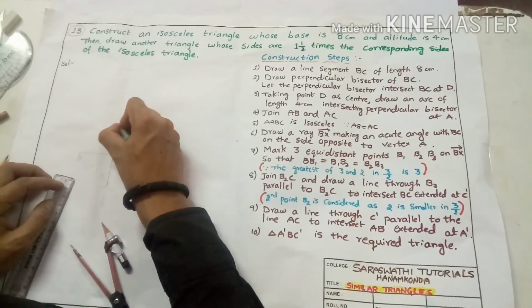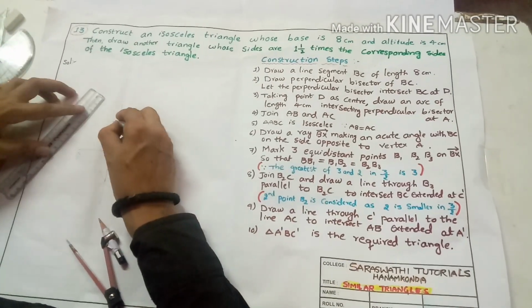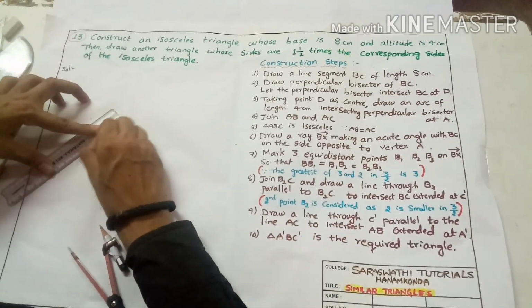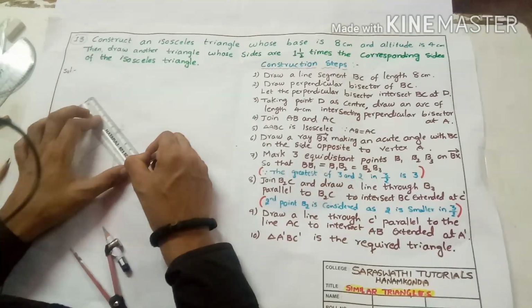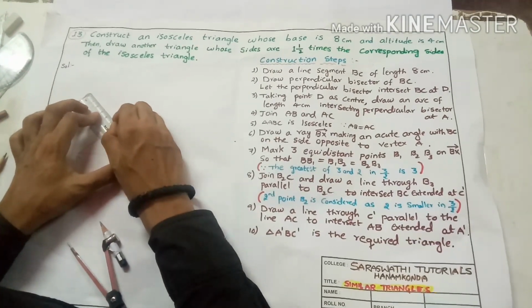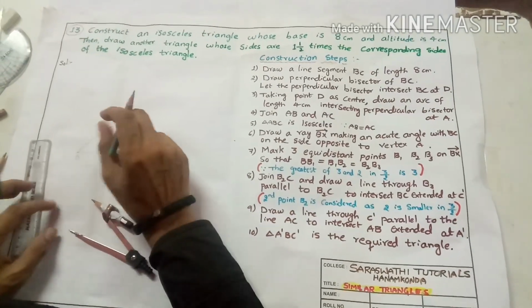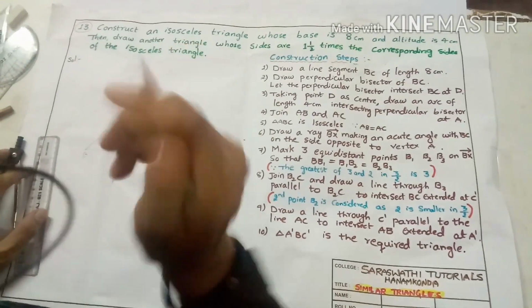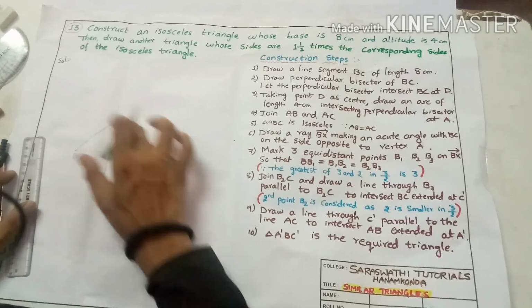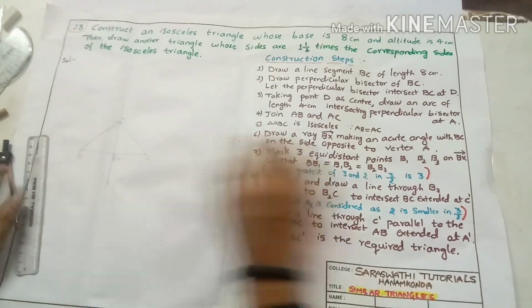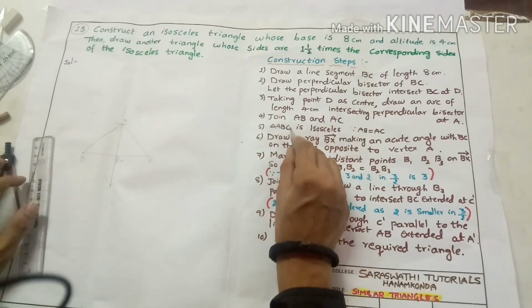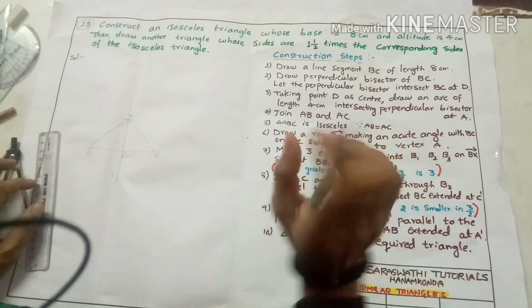This point of intersection is marked as A. So now join AB and AC. So AB is equal to AC. If in a triangle any two sides are equal, then it is said to be isosceles. Then the given isosceles triangle is formed here. Then ABC is isosceles since AB equals AC.